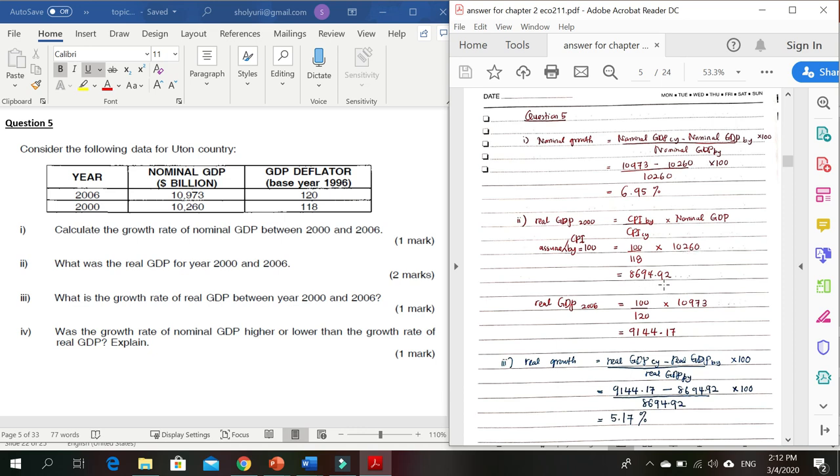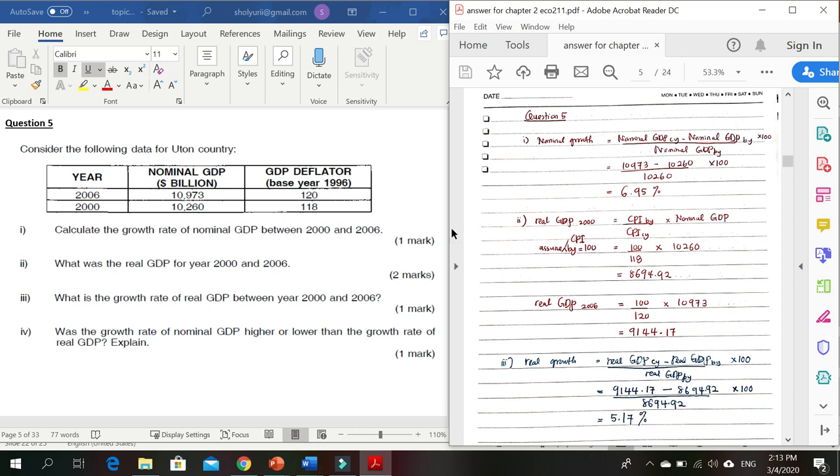Dapat 8694. Ingat two decimal places, ECO memang 2 decimal places. Okay, and then for 2006, 100 over 120, current year dia. So you dapat 9144.17. Are you okay? Very simple. Alright. So that is the way you find real.